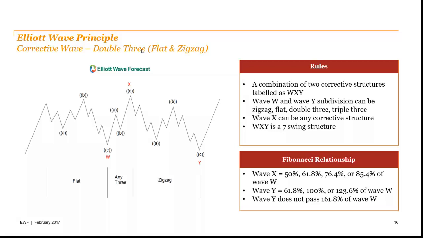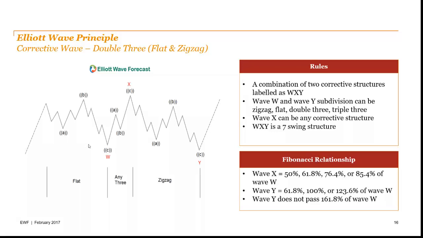That means what, guys? That means within this W here, it can be itself another double 3. Because it can be any corrective structure, and you know there are 3 corrective structures, the most common one, flat, zigzag, and a double 3. So within this one, it can be a WXY as well in a lower degree.